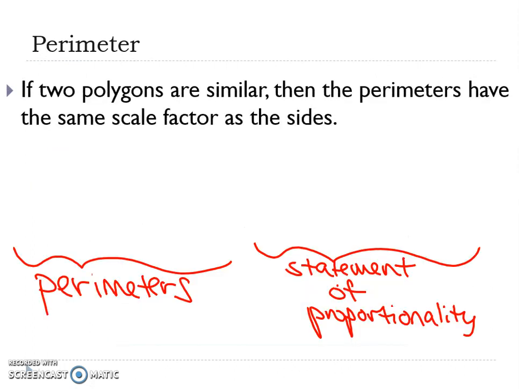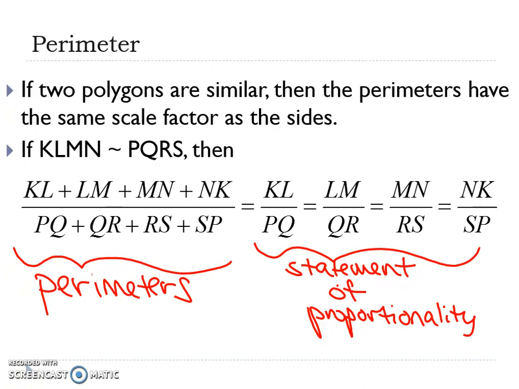Perimeter. If two polygons are similar, then the perimeters have the same scale factor as the sides. So if quadrilateral KLMN is similar to PQRS, then if you add all the sides on the top, KL, LM, MN, and NK, that's the perimeter, and you compare it to the perimeter on the bottom.